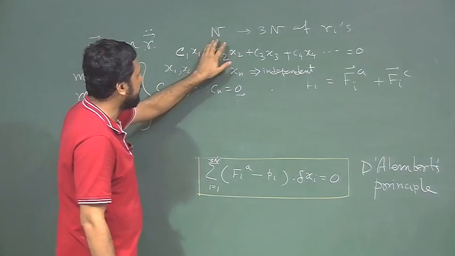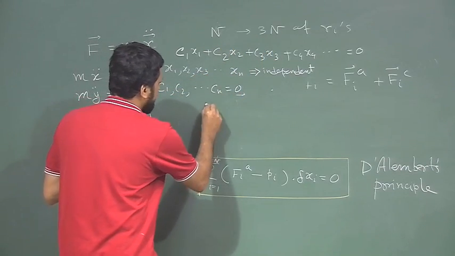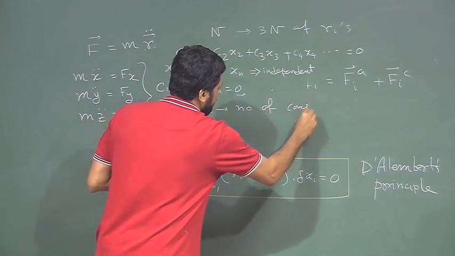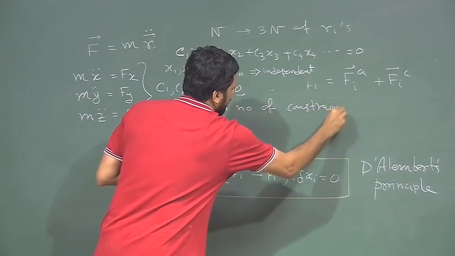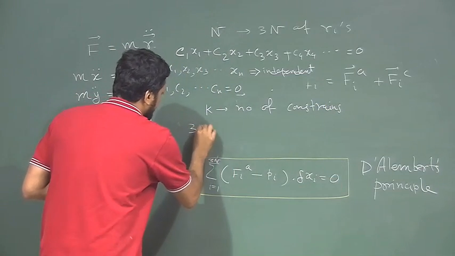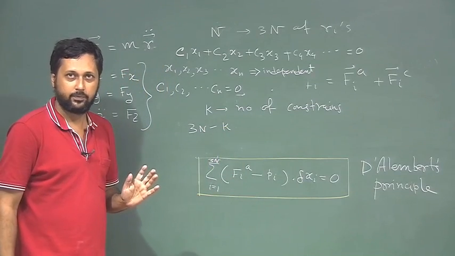The system has n particles which need 3n coordinates, but at the same time it has k constraints. So, this k number of constraints means we need 3n minus k independent coordinates.